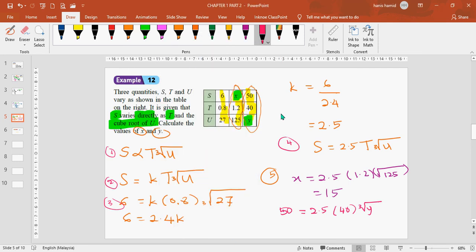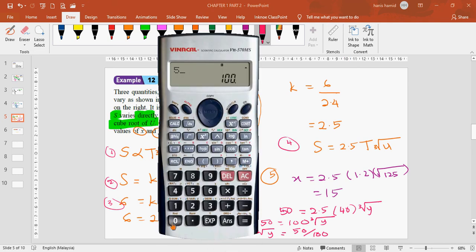So I know here that 50 equals to 100 cube root Y. So cube root Y is equals to 50 divided by 100, which is equal to 0.5, or you can write it as the fraction 1 over 2.